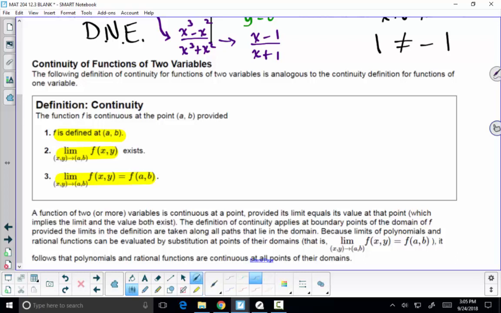So a common situation is this thing where they put a hole there. The limit exists and the function value is defined, but they're not equal. Everyone follow that example? That example is omnipresent. That's the classic example where it's defined, the limit exists, but they're not equal.